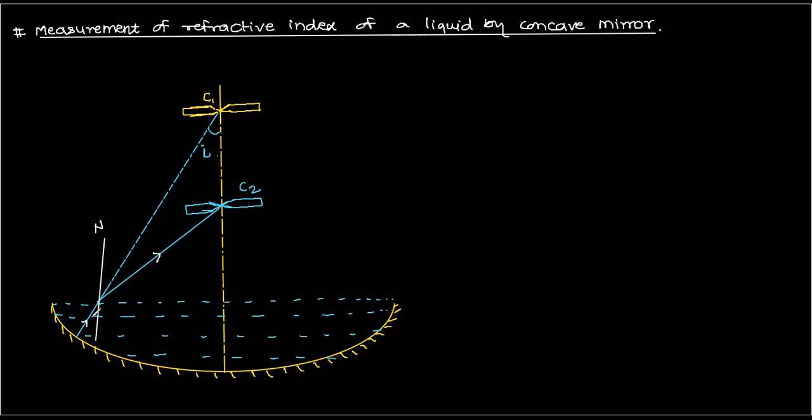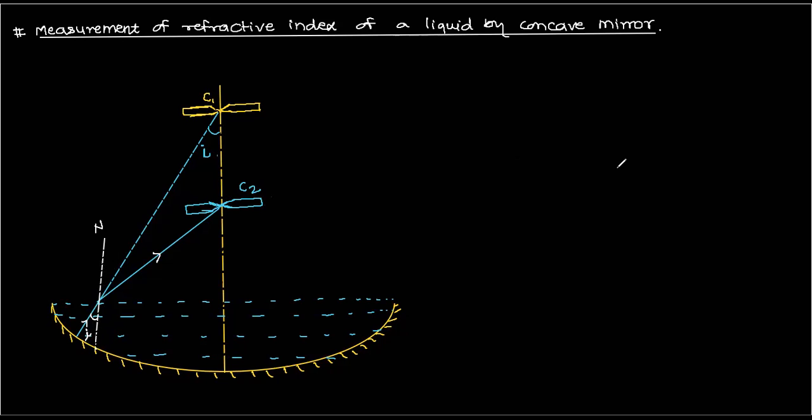So this is I, this angle is also I, right? This normal also I am drawing with dotted lines. Okay, can you see now? Right, this is I, this is I.